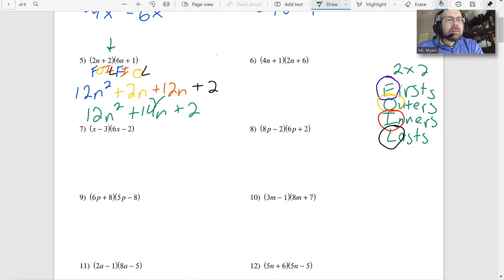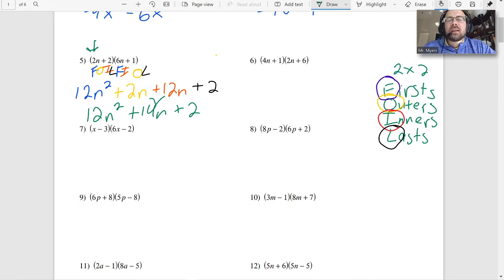Then I do the opposite. So then instead of ignoring the 2, I ignore this 2n, because I'm done with it. I'm done distributing the 2n. So I distributed the 2n into the 6n and the 1, and then I kind of ignore that one now. And now I'm distributing the 2. 2 times 6n, inner times inner, 2 times 1, last times last.